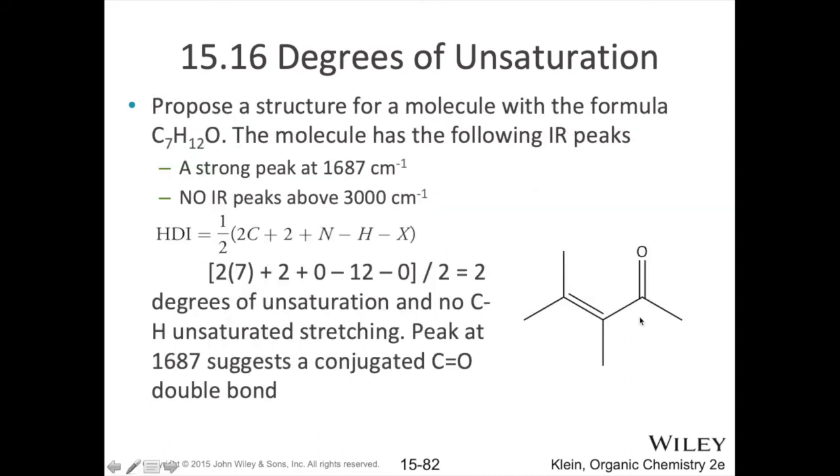Even though we had relatively little information here, it's enough to piece together something as complex as this molecule over here. That's what it comes down to: you're given clues and you're solving a puzzle. For those of you who like solving puzzles, this is one of the more fun aspects of organic chemistry.